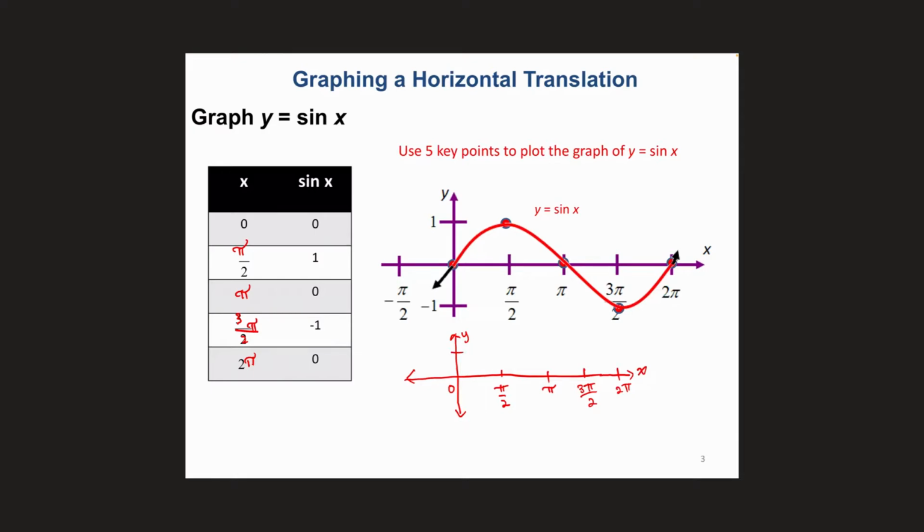Remember that for cosine, it's 0, 1, and of course at 2 pi it's 1, and then at pi it's going to be -1, and then we have an intersection, so it looks just like this. And this is y equals cosine of x. Okay?